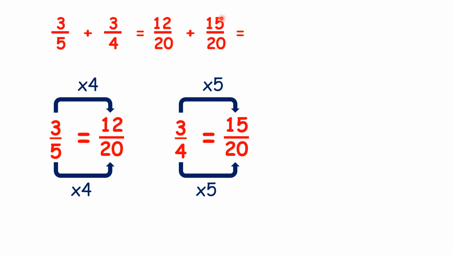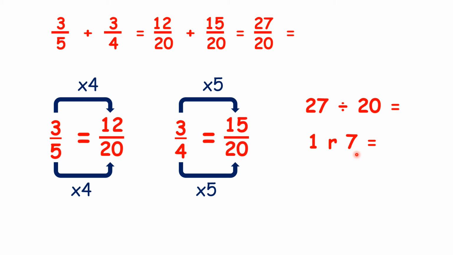So now we can add our numerators, keep our denominator the same, and we have 27/20. So how can we write this as a mixed number? Well, 27 divided by 20 is 1 remainder 7, so we have 1 7/20.